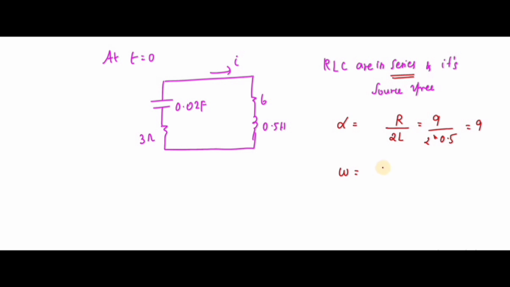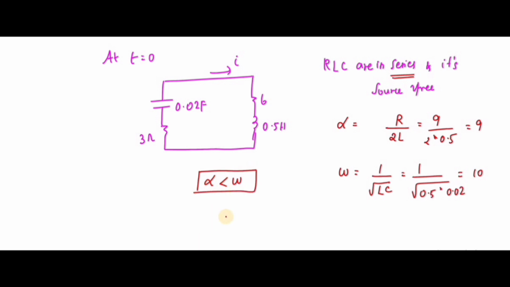Omega is equal to 1 divided by root of LC, root of 0.5 into 0.02. If I solve, I will get 10. So here alpha is less than omega, and if alpha is less than omega, it is called underdamped.